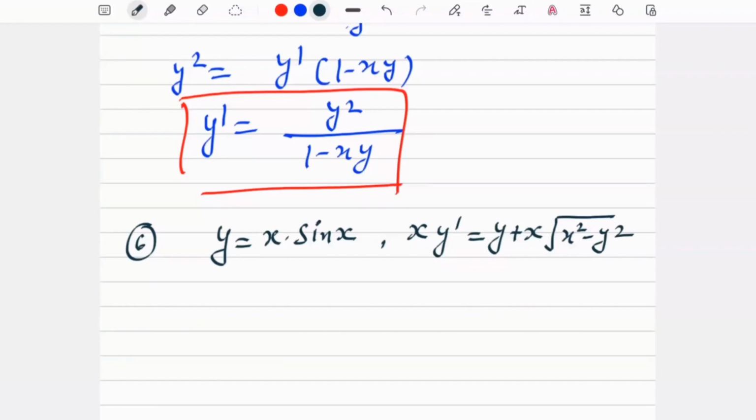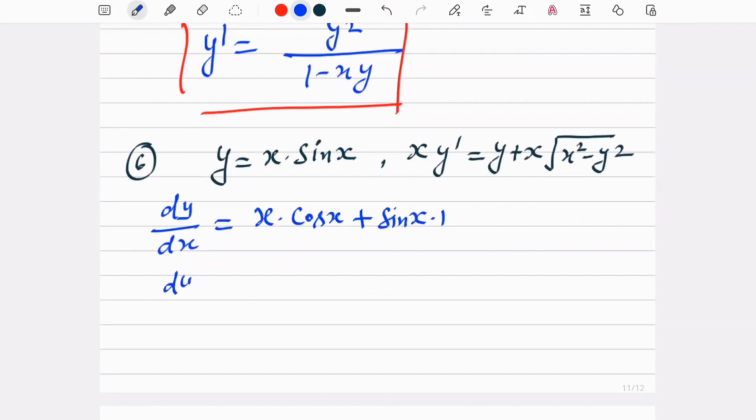How will you start it? So product rule. Okay, go for product rule. dy by dx equals x into cos x plus sin x into 1.